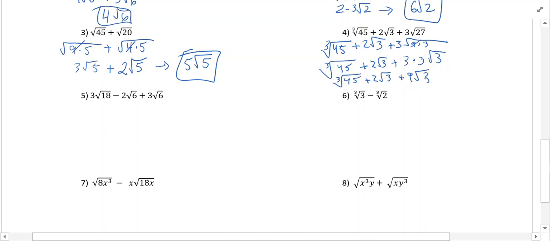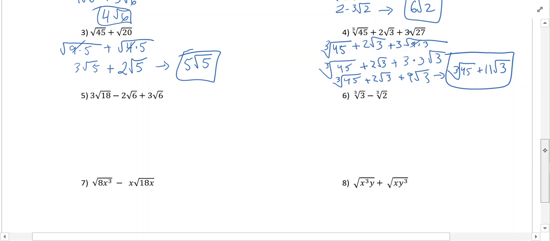And now I can combine my like terms, which are the 2 rad 3 and the 9 rad 3. So over here, I get the cube root of 45 plus 11 rad 3. So this is my answer. So again, remember, in between the 3 and the radical sign, there's an implied multiplication sign. So that's why I multiplied 3 times 3.